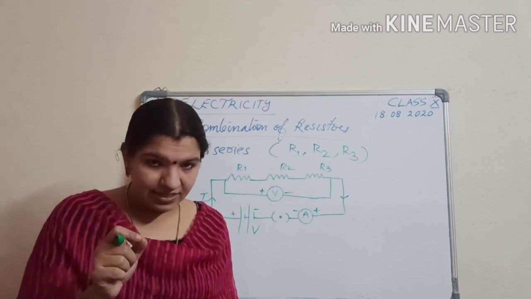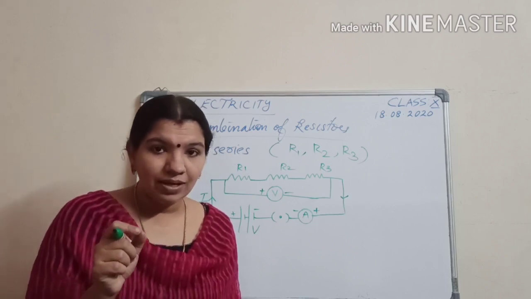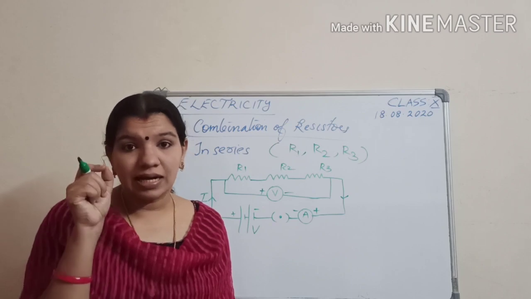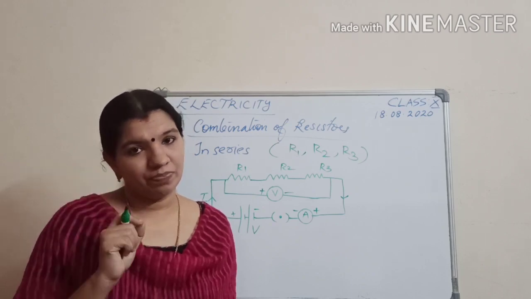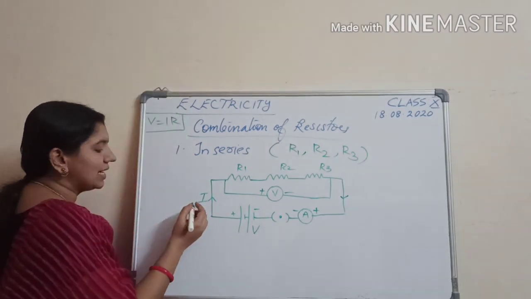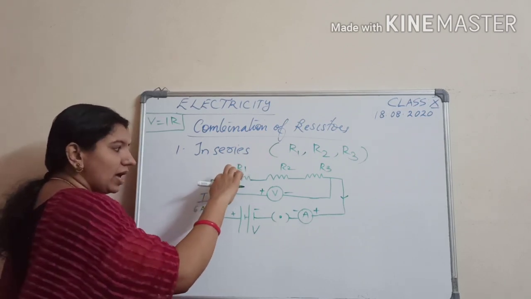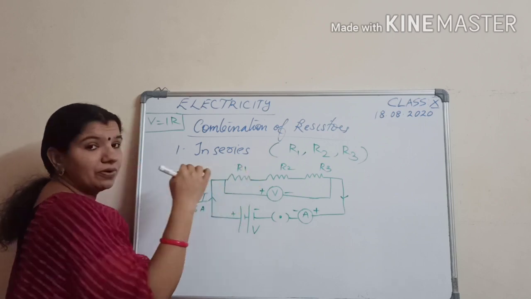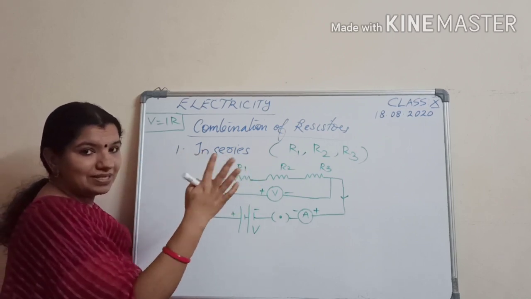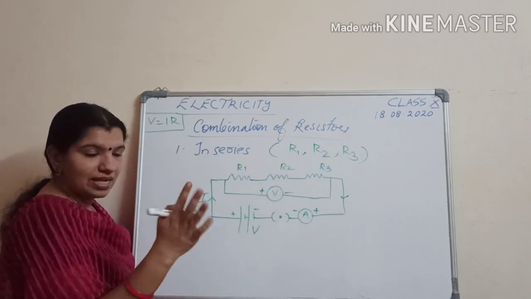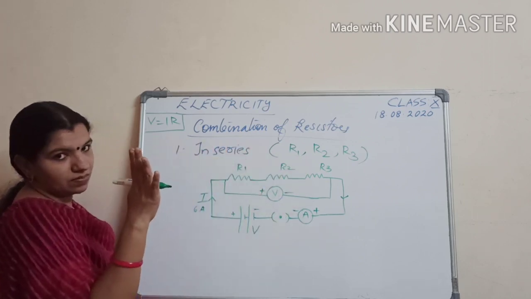So in series connection, the current will be the same. For example, if 6 ampere current is flowing, means if I am measuring the current across R1, it will be 6. Again for R2 it is 6, for R3 it is 6.